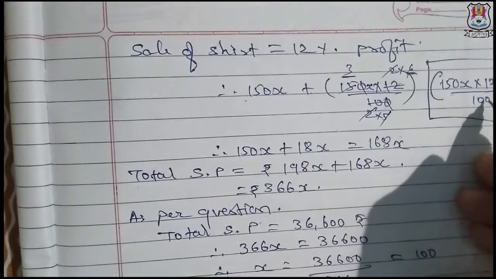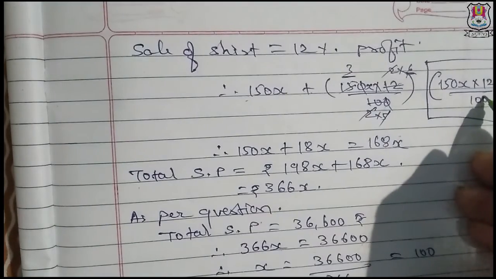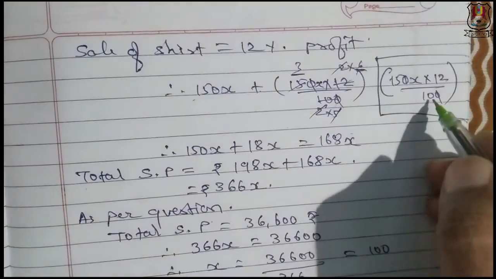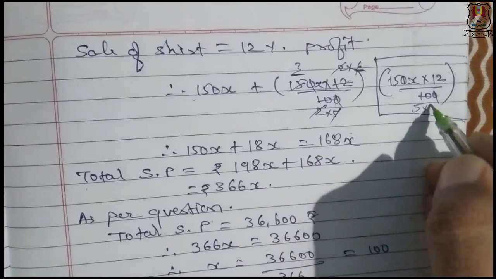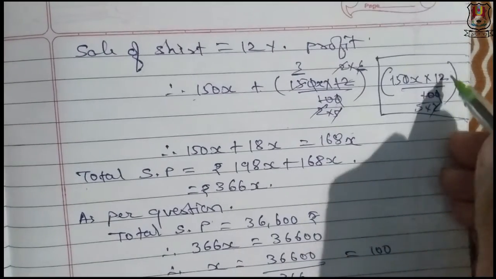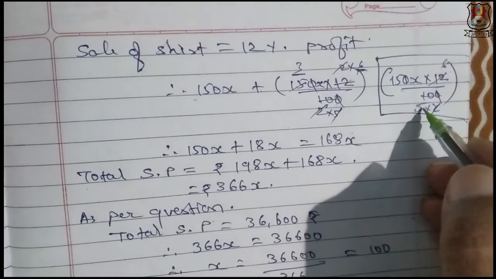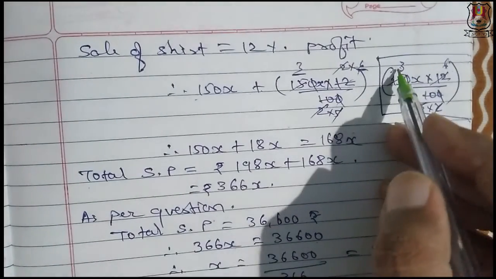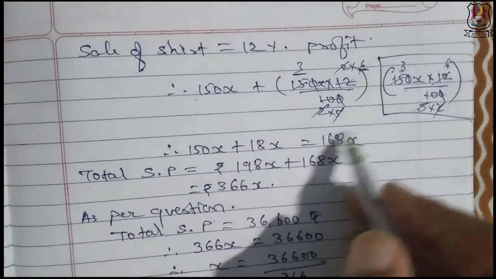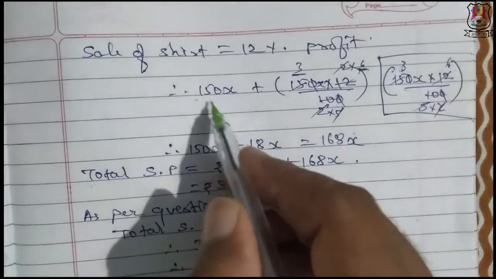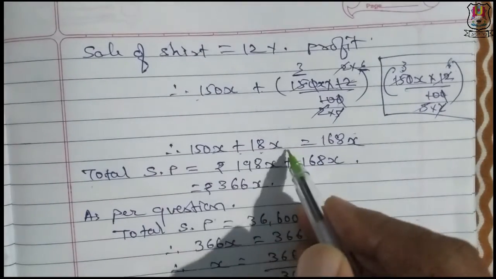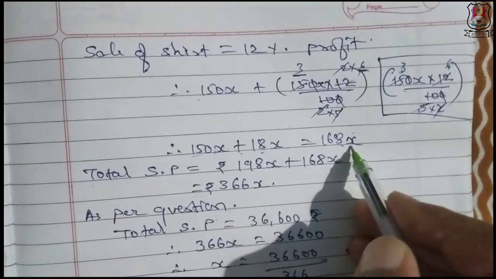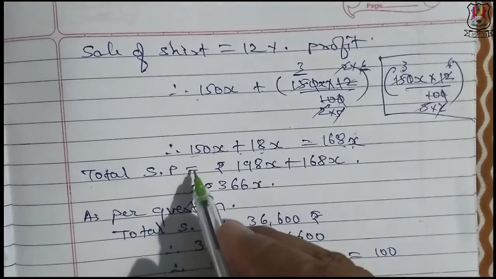If we cancel 0 with 0, 5 2s are 10, 2 6s are 12, 5 3s are 15. Now what remains? 3 multiplied by 6, 6 3s are 18. So 150x plus 18x is equal to 168x.